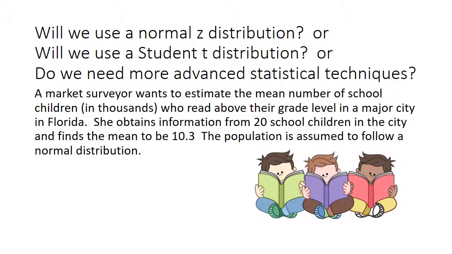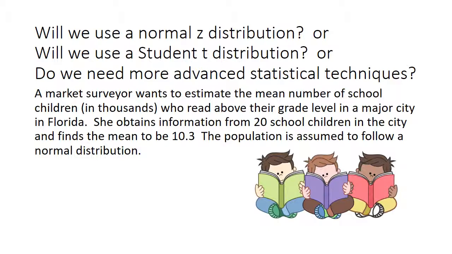Ooh, n is only 20. If we have a small sample size, we need our population to follow a normal distribution. And it does. Yes, we can do something. To decide what to do, are we going to find our confidence interval using a normal z distribution or a student t distribution?